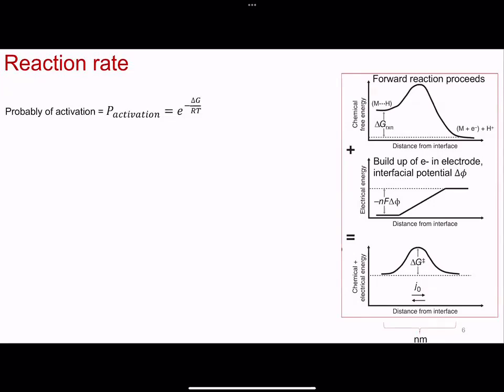If you're in heterogeneous catalysis, it is the surface, but come to this interface, get split on the interface. So there are chemical reactions that are happening on the interface. You know, let's say it's platinum, and then that gets split. So that probability is the probability of activation, and that has some energy barrier, delta G.